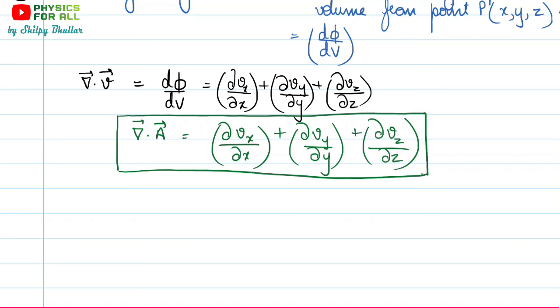Obviously, it is a scalar quantity because we are not seeing any i cap, j cap or k cap here. And this present topic actually justifies the expression of divergence of a vector. The expression that we learned before, now we know how it came. So this is all about divergence and its significance and its meaning in Cartesian coordinates.